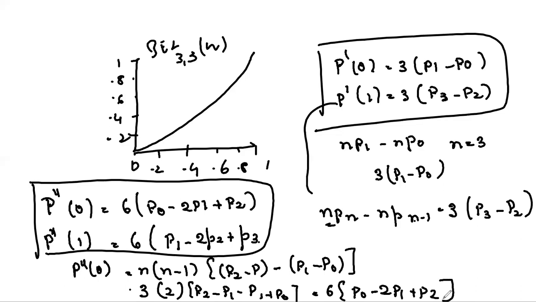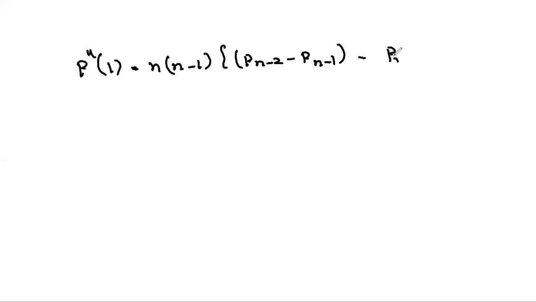If I write similarly, p double dash of 1 is equal to n into n minus 1, which was written as pn minus 2 minus pn minus 1 minus p of n minus 1 minus pn. So if I substitute the value, I'll get 6 of p1 minus, here 3 minus 1, which becomes p2.